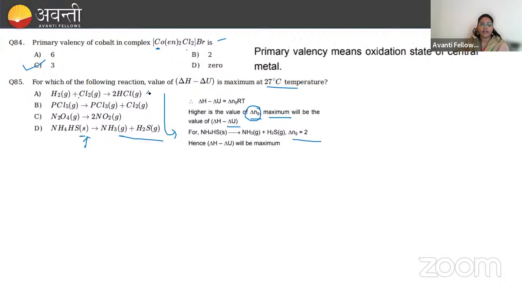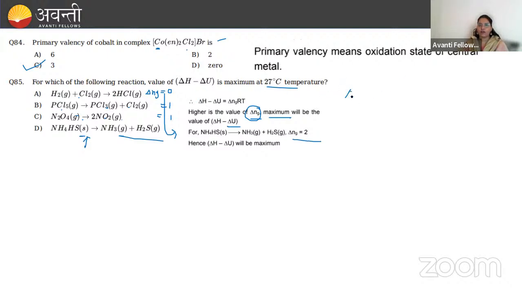So how much will come here? Delta Ng here will be 0. Here there are 2 gas molecules and 1 molecule, so 2 minus 1, delta Ng will be 1. The formula for delta Ng is the number of gas molecules in the product minus the number of gas molecules in the reactant.